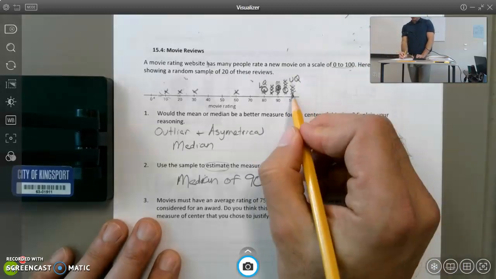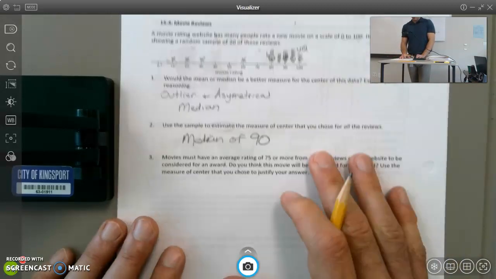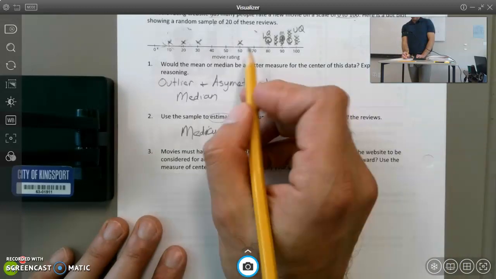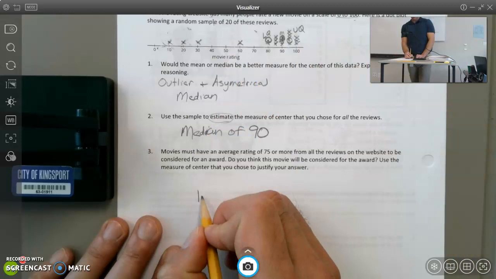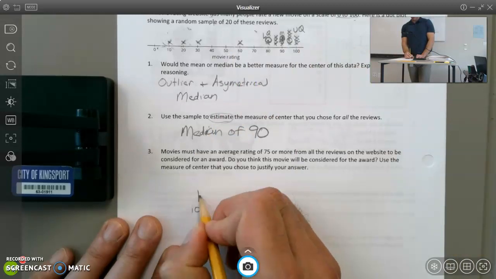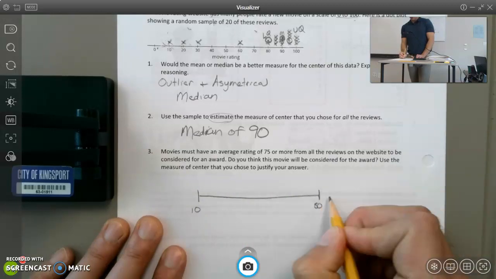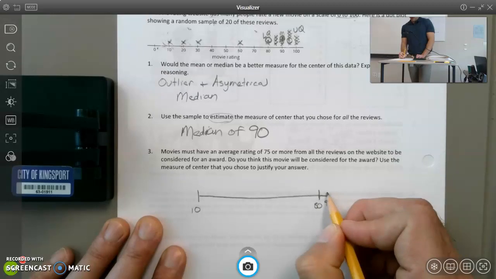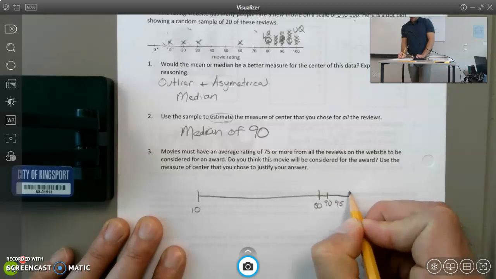So I have an upper quartile at 95, I have a lower quartile at 80, and I have a median at 90. So if I want to draw that box and whisker plot, it would start at 10, go all the way up to 80, then go to 90, 95, and 100.